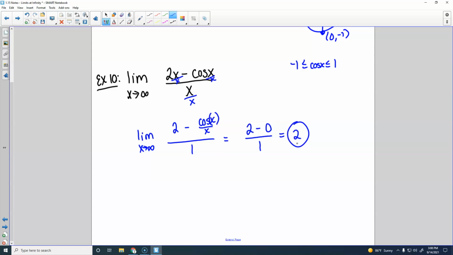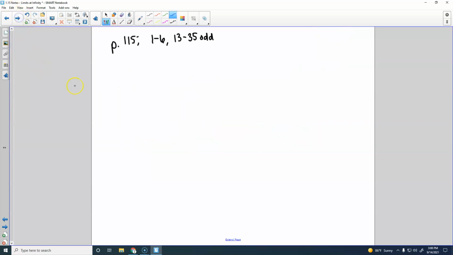Can you even plug negative infinity into cosine x? No, but treat it like it's a number. Treat it like it's just a 1 over x. Treat cosine x as its own variable. If you have sine or cosine, treat it like it is just a number, as long as it's over a variable.